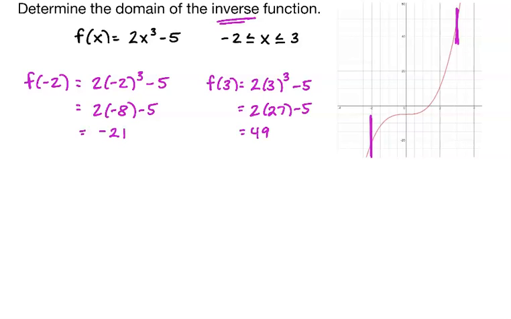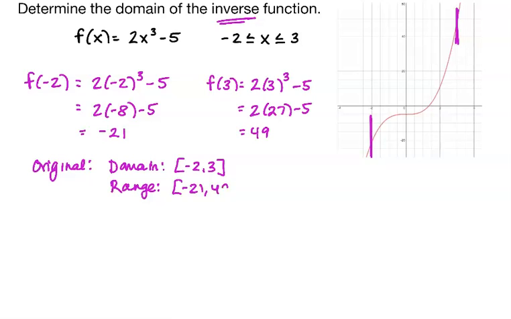So for our original function f of x that we were given, the domain of this function goes from -2 to 3, the restrictions that we were given. And we can now see that the range goes from -21 to +49.